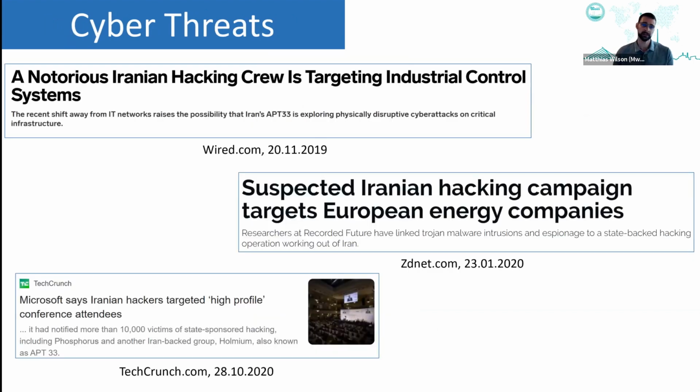Here you see 3 examples of media and press reporting over the past 2 years where APT 33 was mentioned in the context of attacking industrial control systems, a campaign that targeted European energy companies, another campaign that targeted high-profile conference attendees.